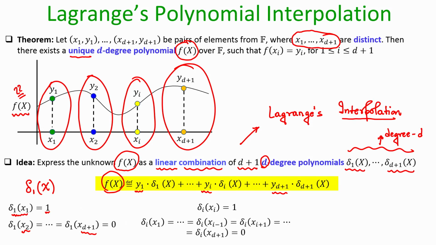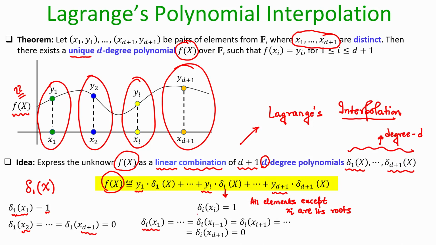Okay. In the same way, if I consider the delta I polynomial, it has the property that all elements except x I are its roots. Namely, if you evaluate this delta I polynomial at x equal to x 1, you get 0. If you evaluate it at x equal to x 2, you get 0, and so on.